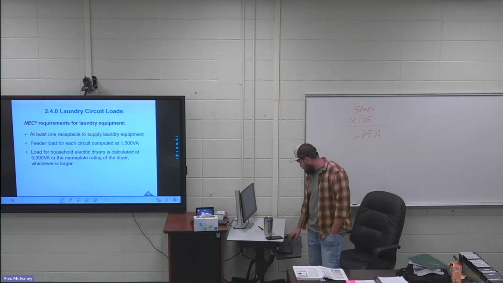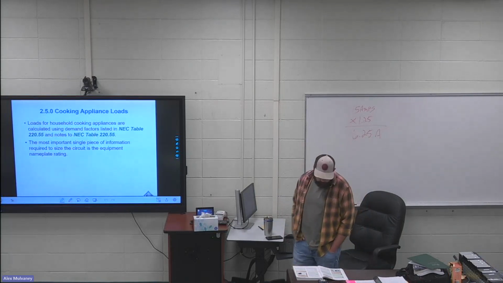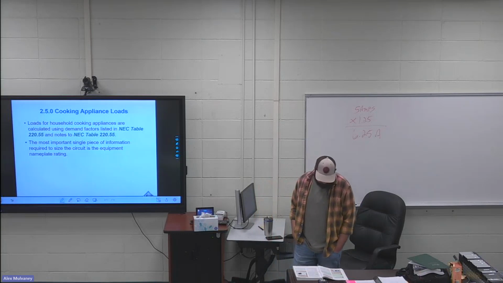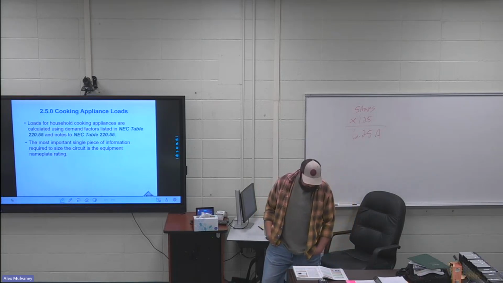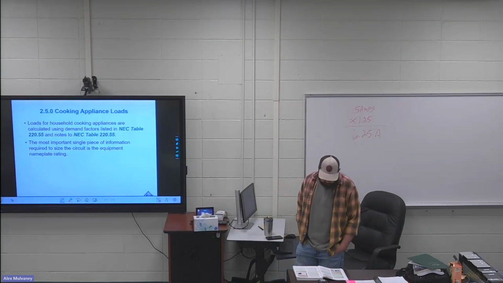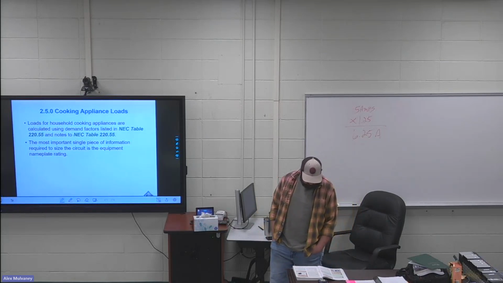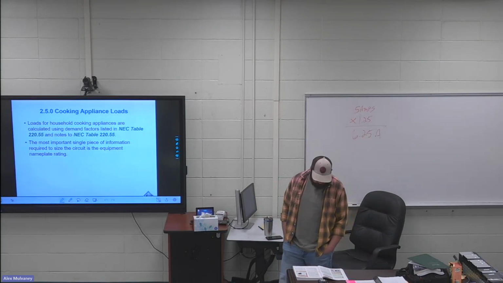220.55, cooking appliance loads. First paragraph, entire first paragraph is highlighted. Loads for ranges, wall-mounted ovens, counter-mounted cooking units, and other household cooking appliances are calculated using demand factors listed in 220.55 and the notes alongside of that.